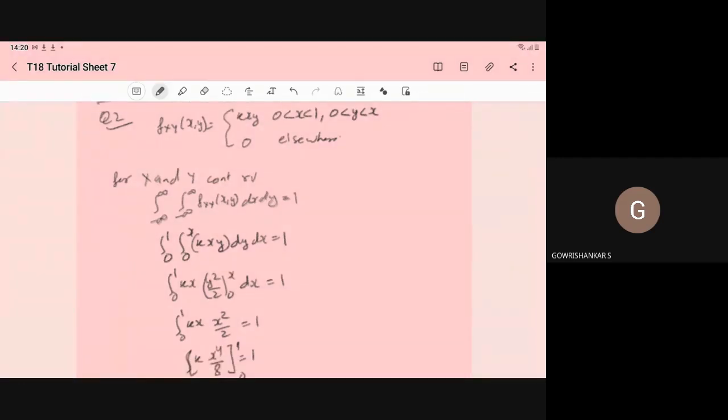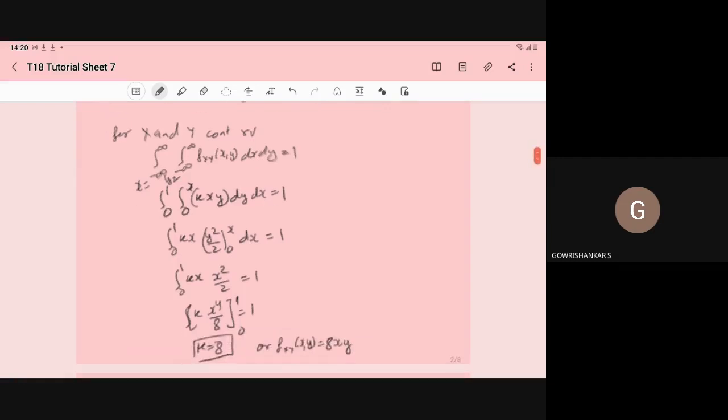When it is a continuous random variable, we take minus infinity to infinity for x and for y of the joint PDF with respect to dx and dy, and it must equal 1. Here the range of x is 0 to 1, and the range of y is 0 to x, of fxy.